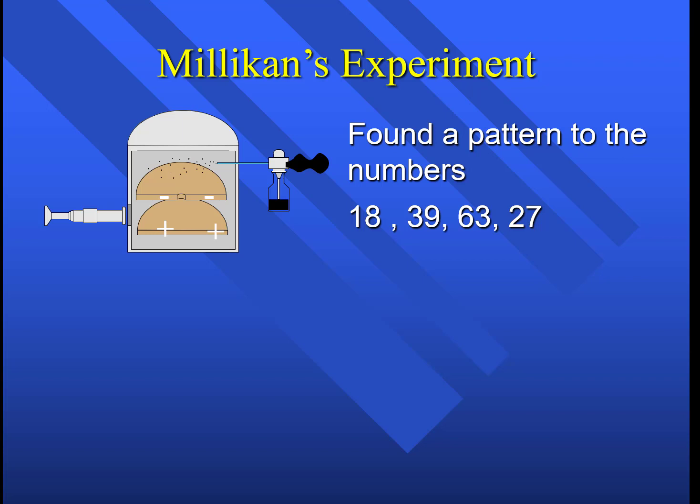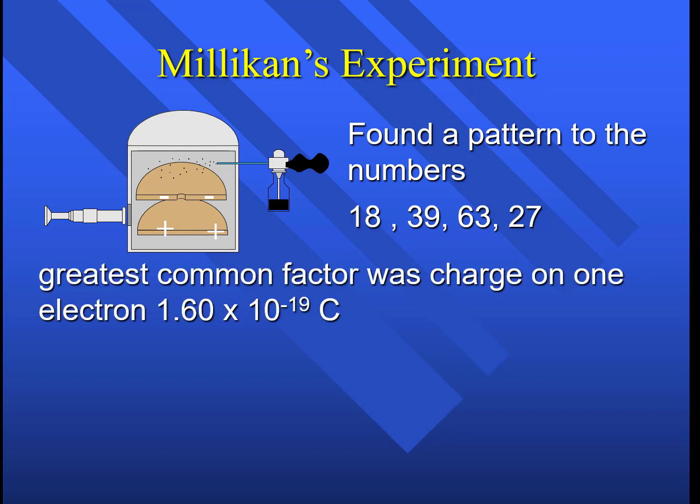He couldn't control how many, but he could look for the greatest common factor. And when he did that, he found that the greatest common factor was 1.60 times 10 to the negative 19th C, and that unit of charge is coulombs.